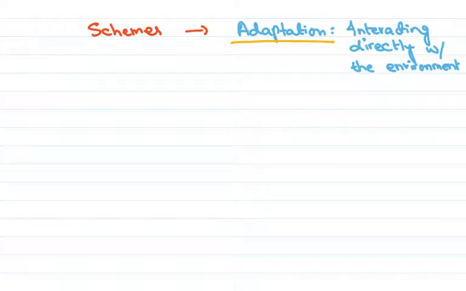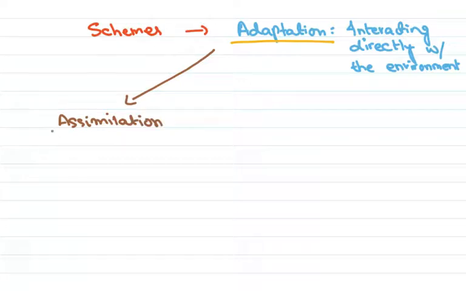One of these is what we call assimilation. Basically, what assimilation involves is that you already have a scheme. Considering the same example and taking that forth, let's give this child a name.